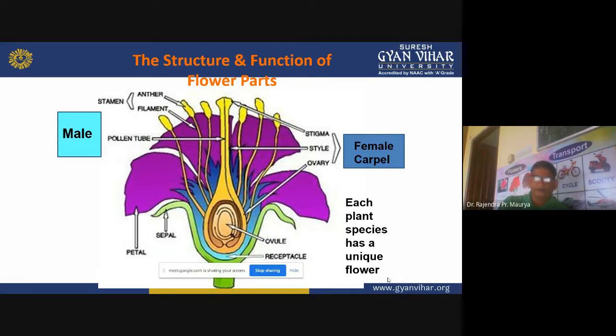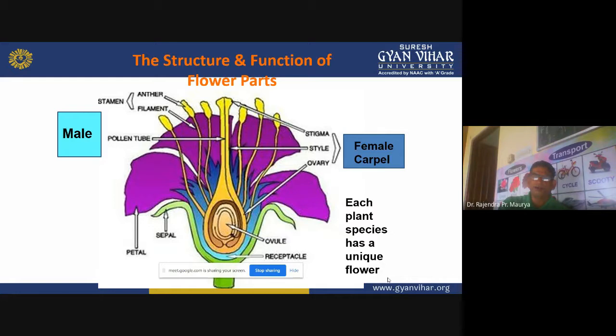Or if there is only a single part, either male flowers or female flowers, we can say staminate or pistillate, androecium or gynoecium. Only a single part is present in the flower.